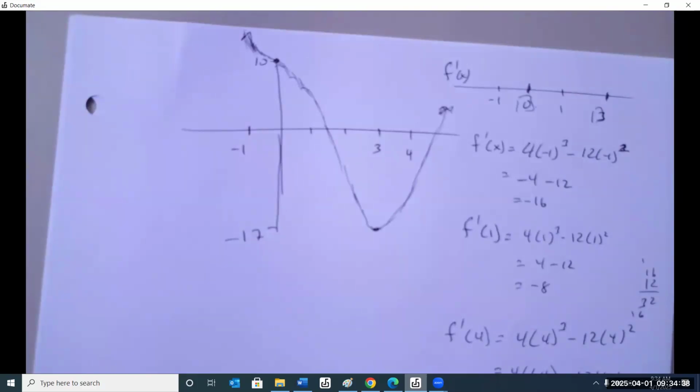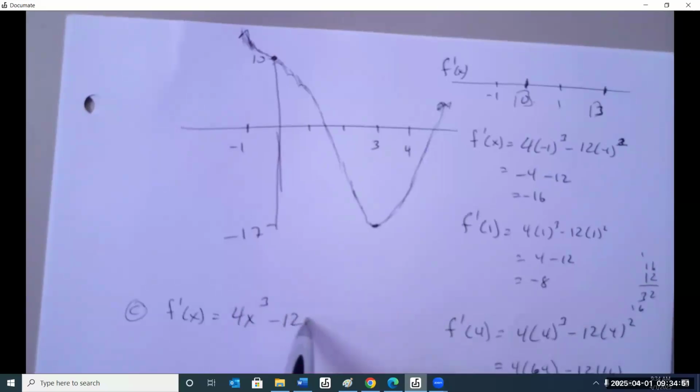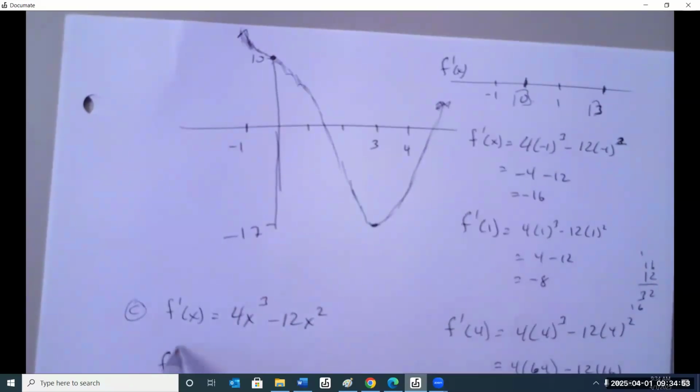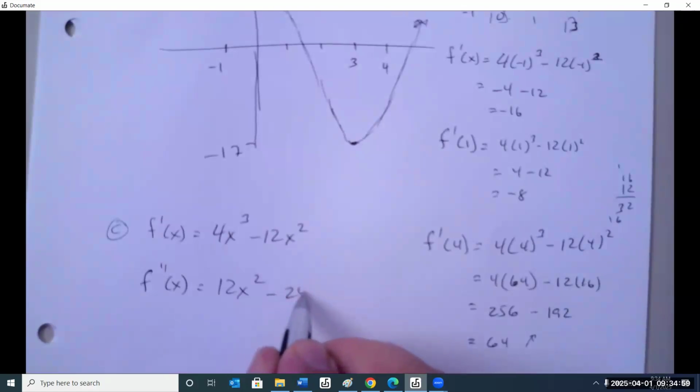Where are the points of concavity? Since the first derivative was 4x cubed minus 12x squared, the second derivative is equal to 12x squared minus 24x.